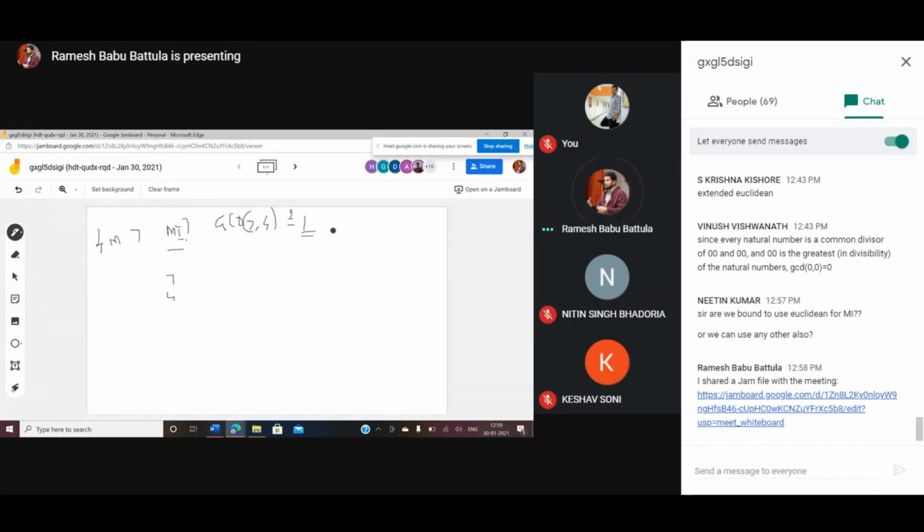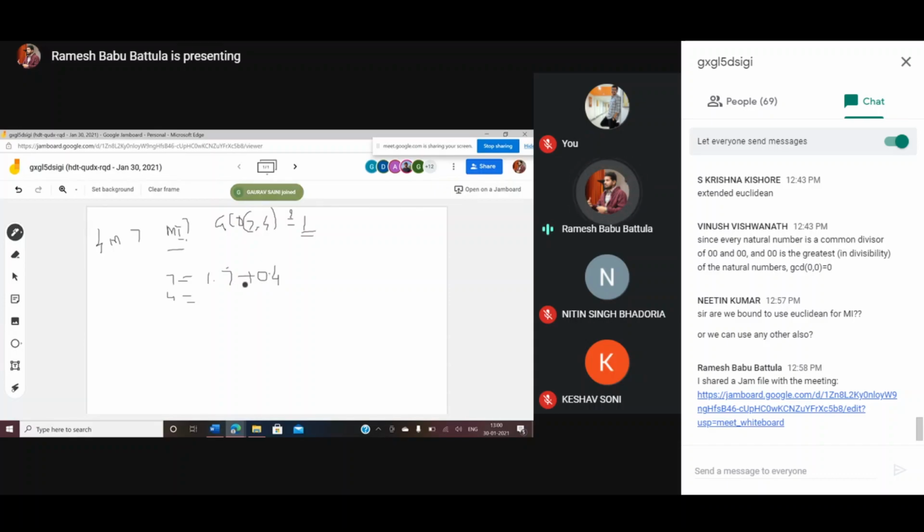So this extended Euclidean algorithm says you choose 2 values: 1 into 7 plus 0 into 4 is equal to 7. I'm going to choose like this every time.